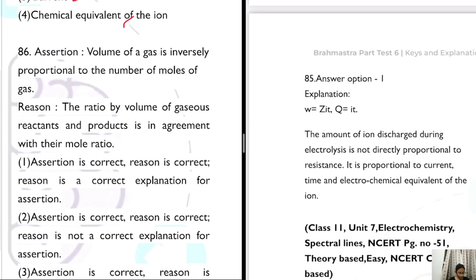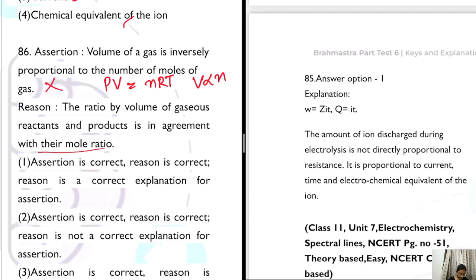Assertion says the volume of a gas is inversely proportional to the number of moles of a gas. See, PV equals nRT. So V is directly proportional to the moles. So it is wrong. The reason: the ratio by volume of gaseous reactants and products is in agreement with their mole ratio.